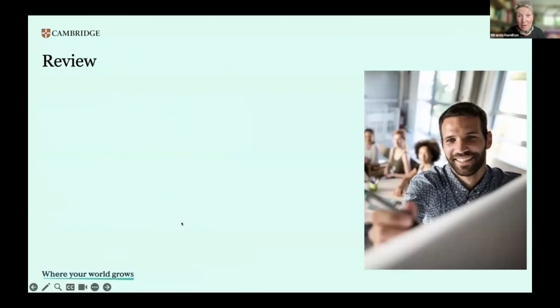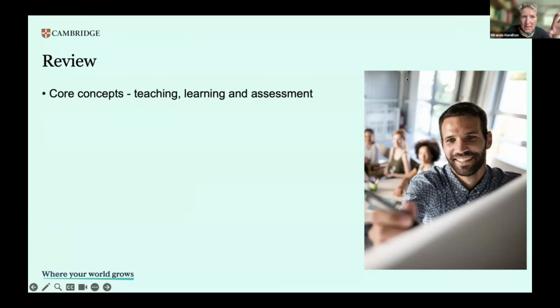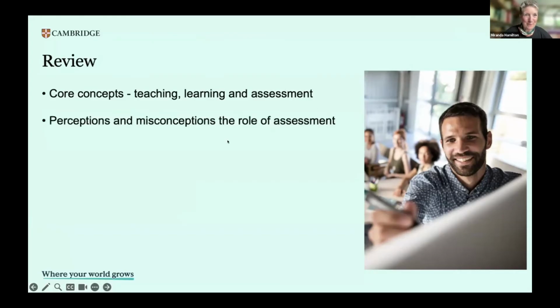So we've reached the end of our session and I'd like to sort of revisit what we've actually looked at today. We started by looking at those core concepts that we work towards, those cornerstones for us as teachers: teaching, learning, and our difficult friend, not so difficult now, assessment.